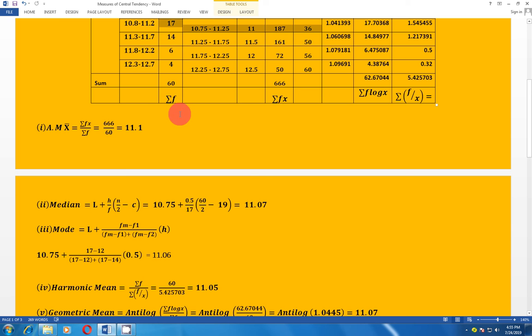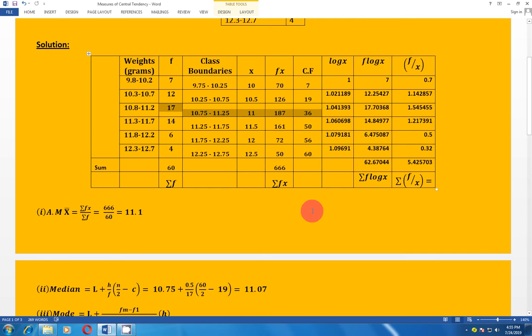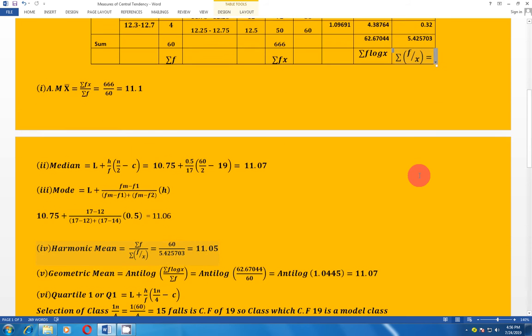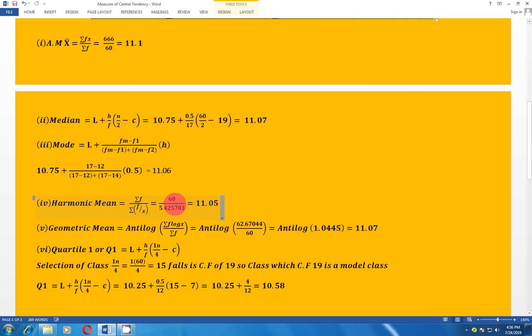So sum of f is 60, and for sum of f divided by x, we will have to calculate the fraction of f and x, f divided by x. So 7 divided by 10 is equal to 0.7. 12 divided by 10.5 is equal to 1.14287, and so on. And the sum is 5.425703. So after putting the value in the formula, the average will be 11.05.